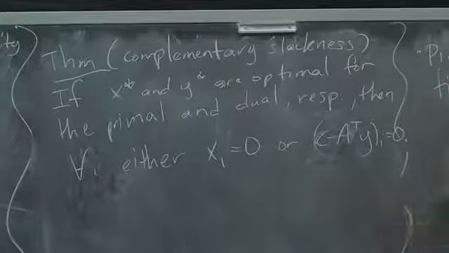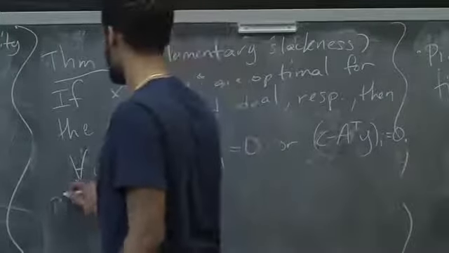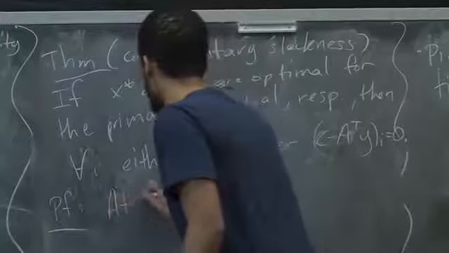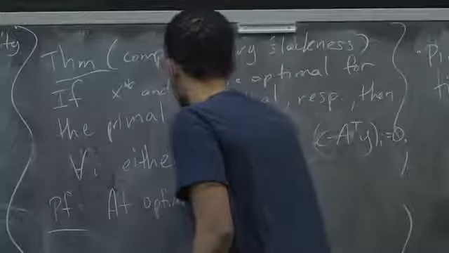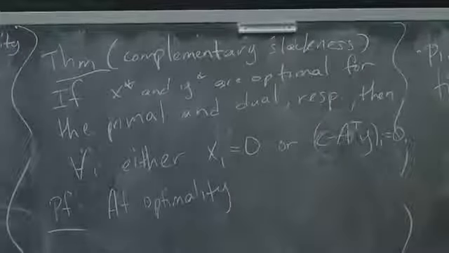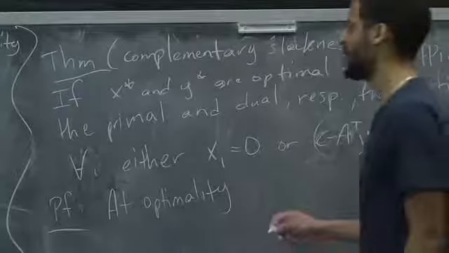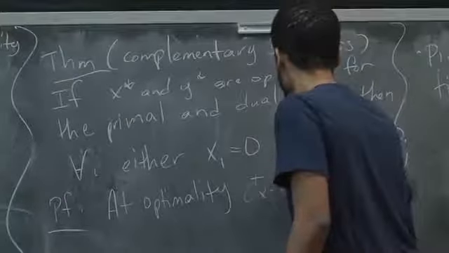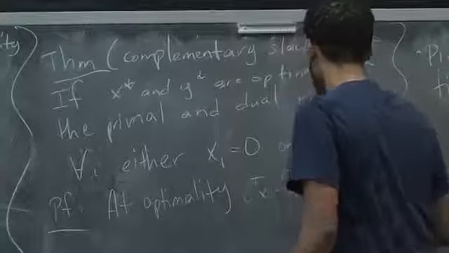And the proof of that is basically already written down, right? At optimality, by strong duality, there is no gap between the primal and the dual. So we have that C transpose X minus B transpose Y is 0 at optimality.